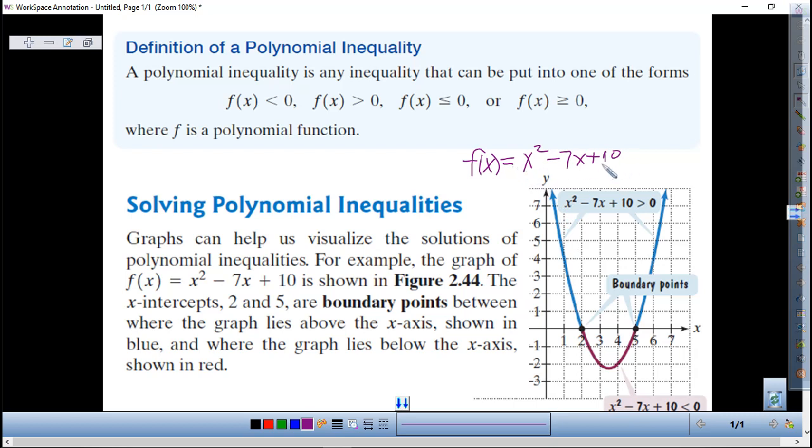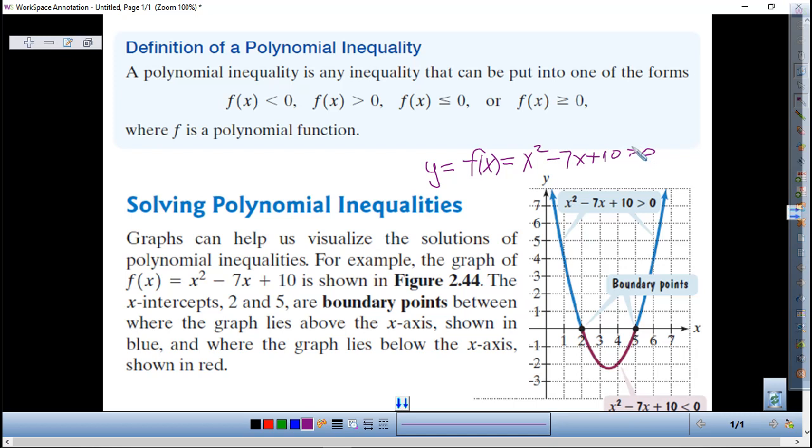That polynomial, remember, if we're talking about f of x equal to this thing, that's the same thing as saying y is equal to that thing. So if y equals this, and we're looking for where this is greater than 0, well, where is y greater than 0? It's greater than 0 above the x-axis.